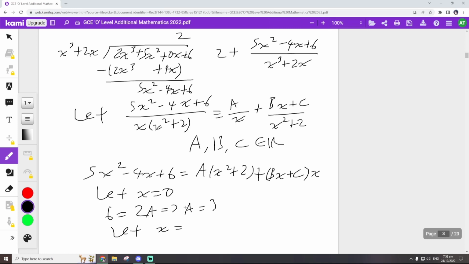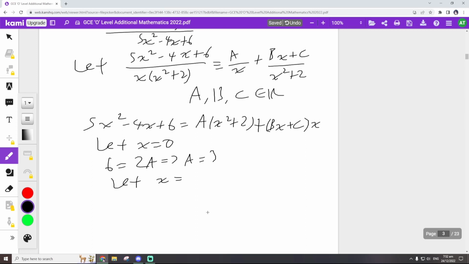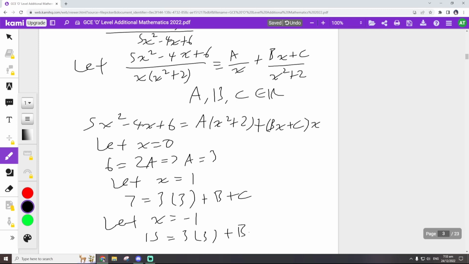Now we'll let x equal 1. We just choose any nice numbers essentially. So you'll get 7 equals 3 times 3 plus B plus C. So I know that B plus C is negative 2. And let's let x equal negative 1 as well, which gives 15 equals 3 again times 3, and then you get C minus B times minus 1, so you get plus B minus C. Okay?